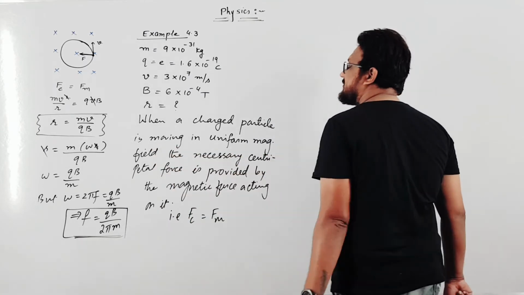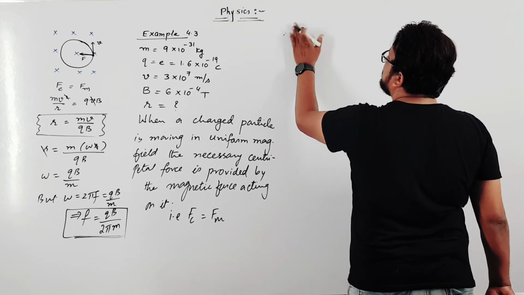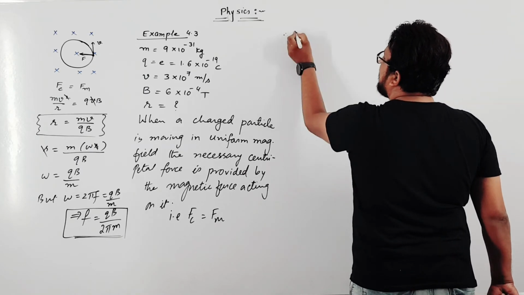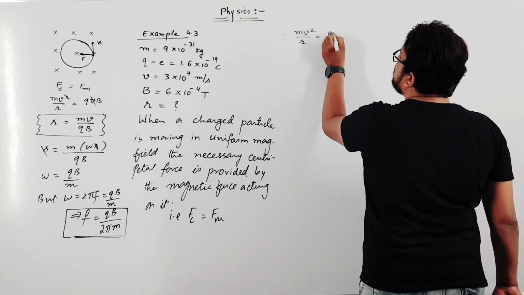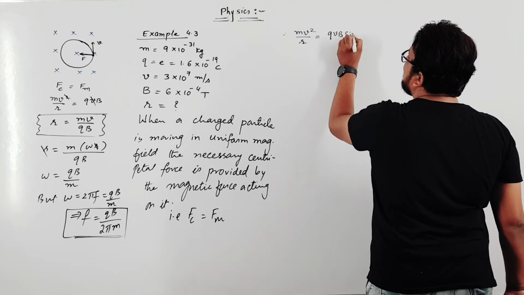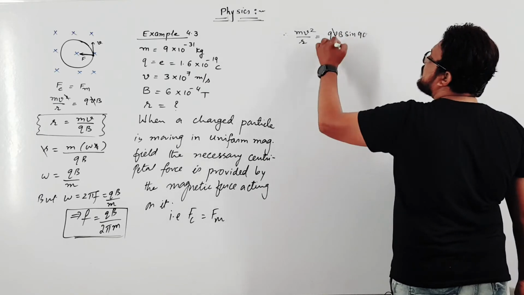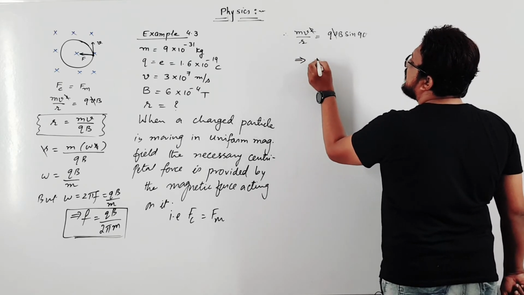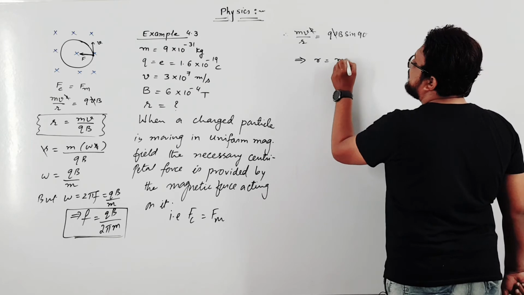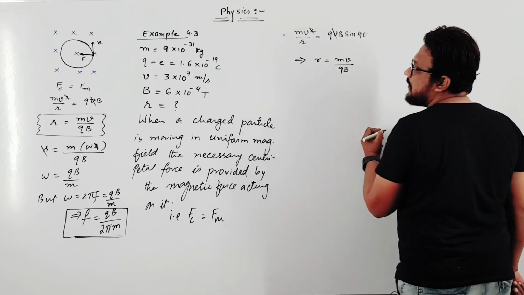What we have done here, same thing. So centripetal force, directly we'll write mv square by r, will be equal to qvB sin 90, because it is perpendicular to the magnetic field. So v will get cancelled out. So you can write r will be equal to mv by qB, sin 90 is 1. So this is the formula for radius.